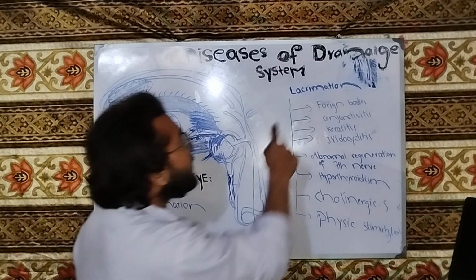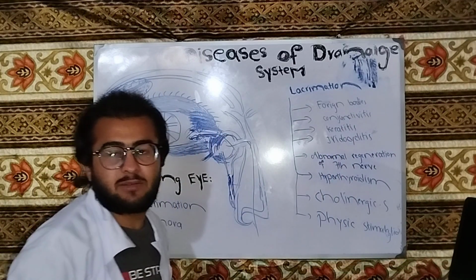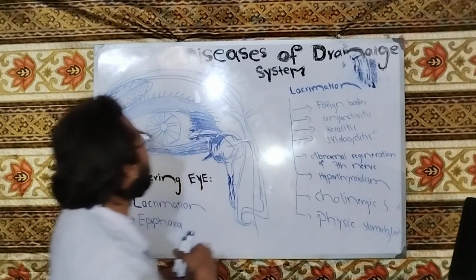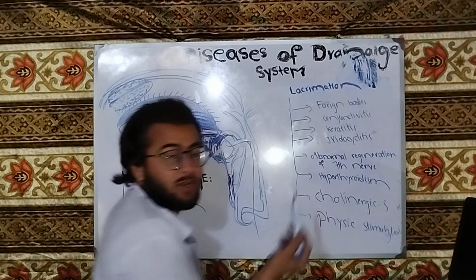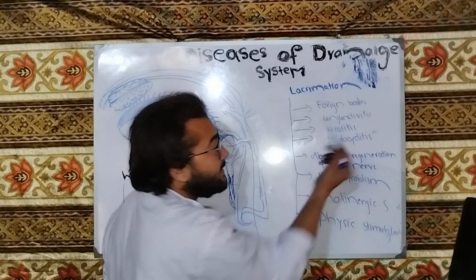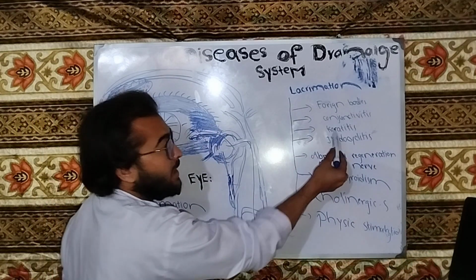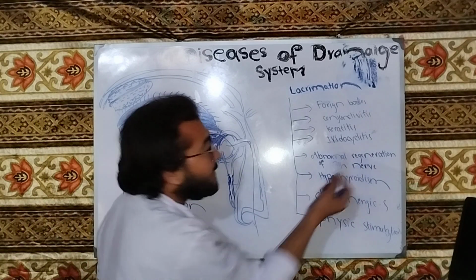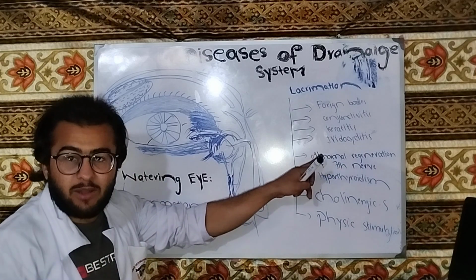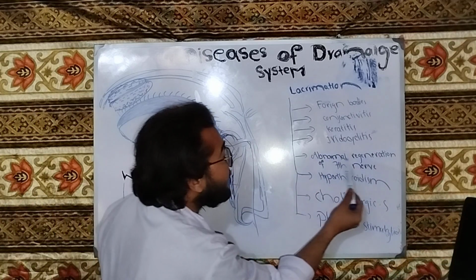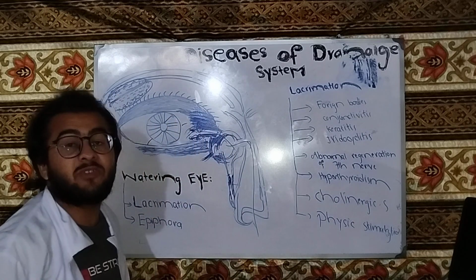Okay. So what causes lacrimation? For example, a foreign body in the cornea or conjunctiva, conjunctivitis, keratitis, inflammation of the cornea, iridocyclitis, inflammation of the iris and ciliary body, and abnormal regeneration of the seventh nerve.